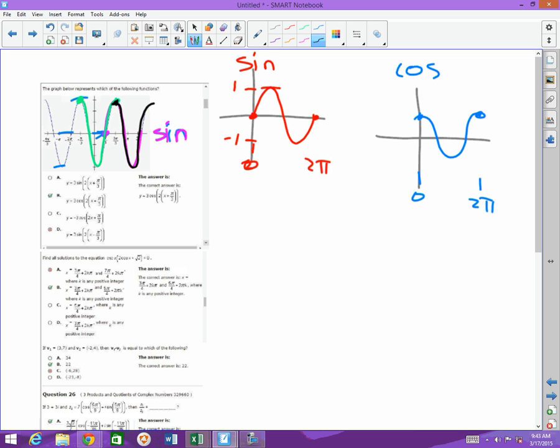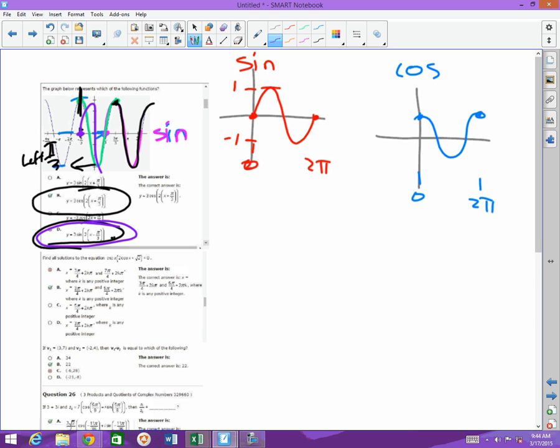To me, I think it's this one right here, because right there is a negative pi over 3, so it's shifted left pi over 3. But when you put it into the equation, remember, because it's with x, it's got to be the opposite, so it becomes x plus pi over 3. And so that's why this one is the correct one. Here's 3 sine 2x minus pi over 3. That equation has everything the same except it should start right there and go up and down from that point.